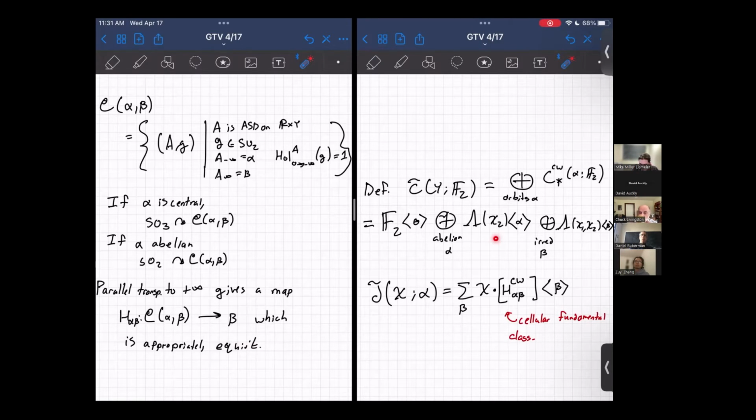That this works okay in the abelian case and in the trivial connection case, that, for instance, this element is annihilated by chi1 if alpha is abelian, or annihilated by both if alpha is trivial, ultimately goes back to this equivariance claim over here.